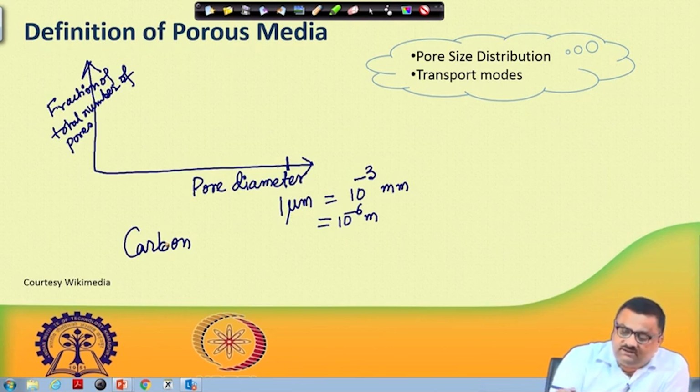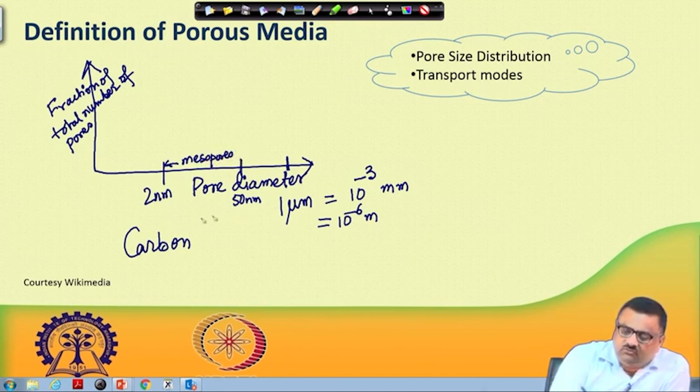In this context, I must point out that if you are in this range, let us say 2 nanometer to about 50 nanometer, this range is referred to as mesopores.